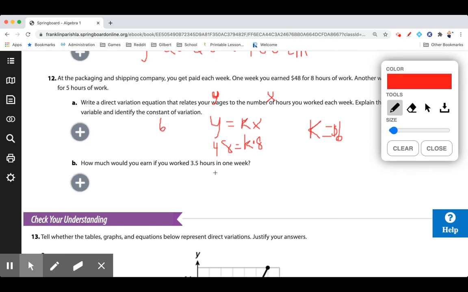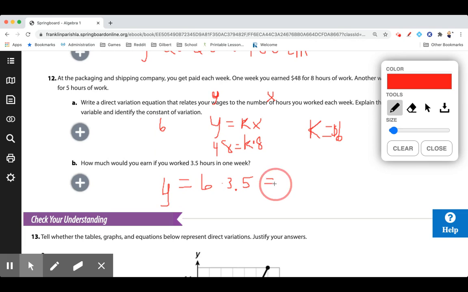How much would you earn if you worked 3.5 hours in one week? Well, you just multiply our constant of variation, 6 times 3.5. 6 times 5 is 30. You carry your 3. 6 times 3 is 18 plus 3 is 21.